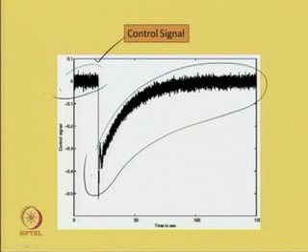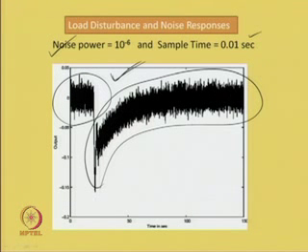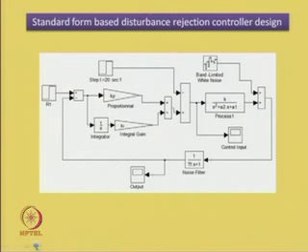So, the measurement noise is quite evident from the control signal as well as the noise responses of the system. Next, effort will be made to design a disturbance rejection controller.